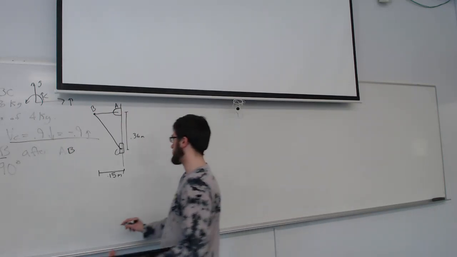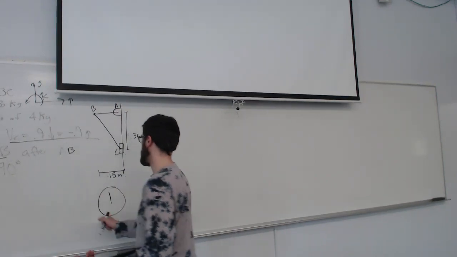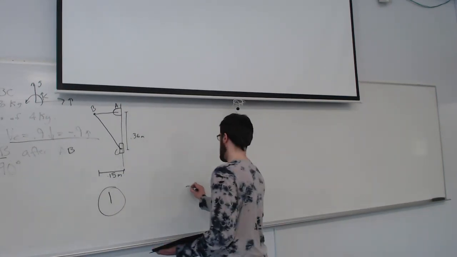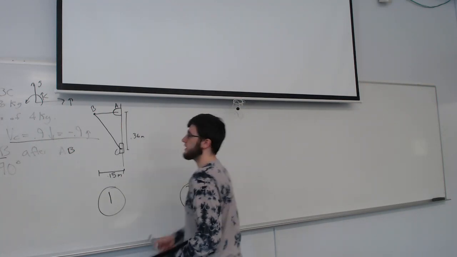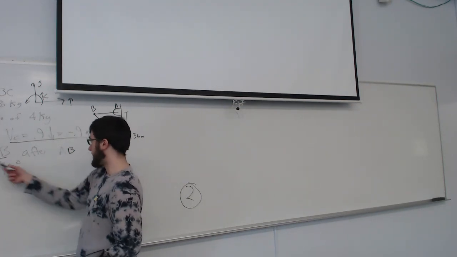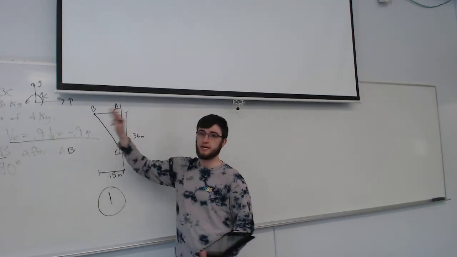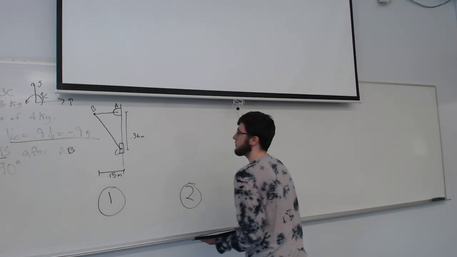So more specifically, this is state 1, this is our system in state 1. And then state 2 is find velocity of B after rod AB, this rod right here, has rotated 90 degrees, right?